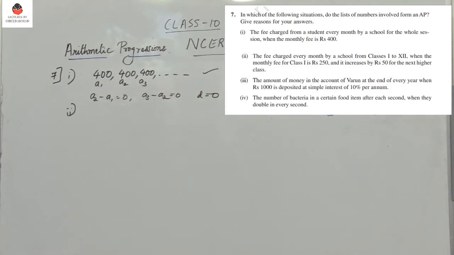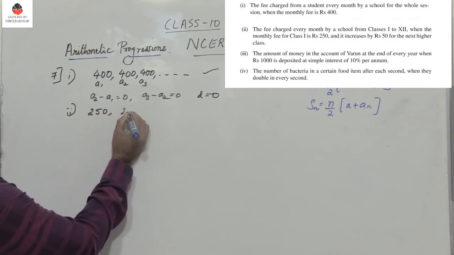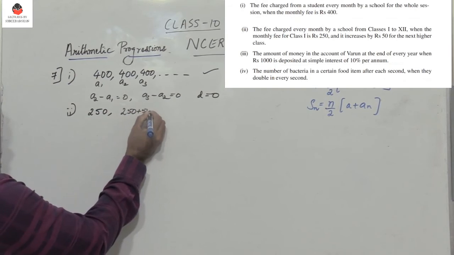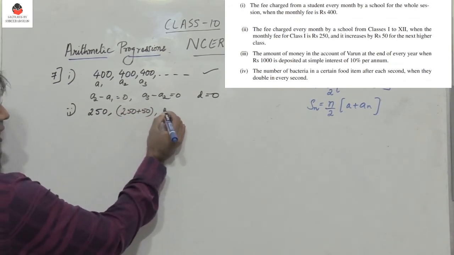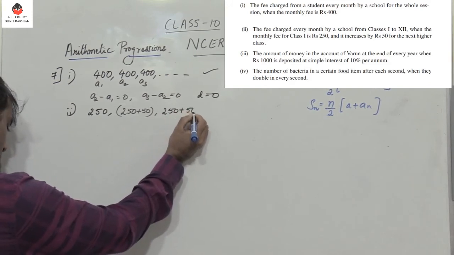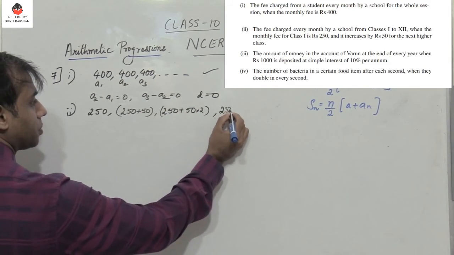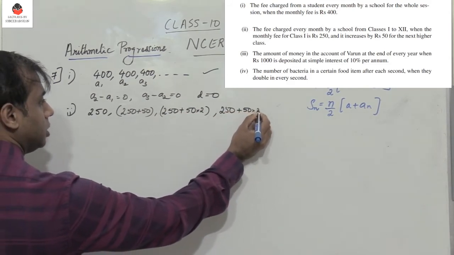The fee charged every month by a school from class 1 to 12, when the monthly fees for class 1 is 250 and it is increased by rupees 50 for the next higher class. So for the first standard it is 250, for the next class it is 250 plus 50, and for the next class, that is for standard 3, it is 250 plus 50 into 2, and then it is 250 plus 50 into 3.